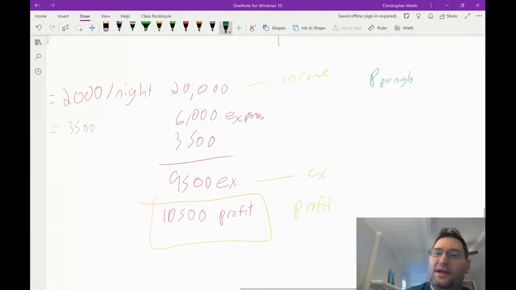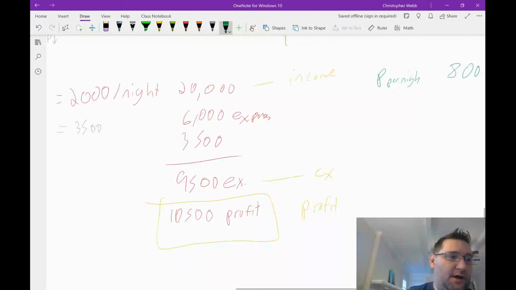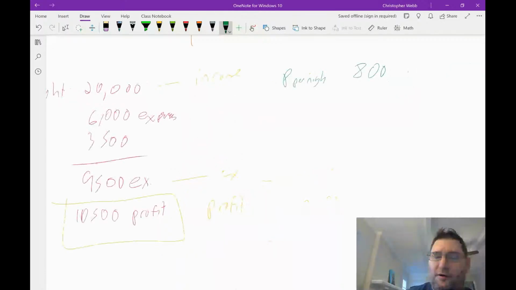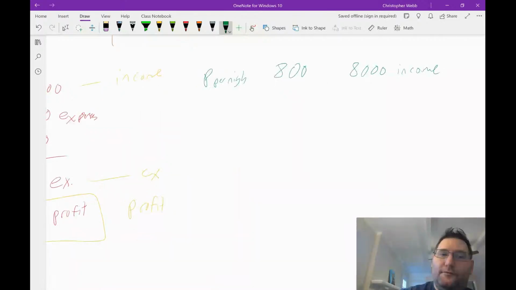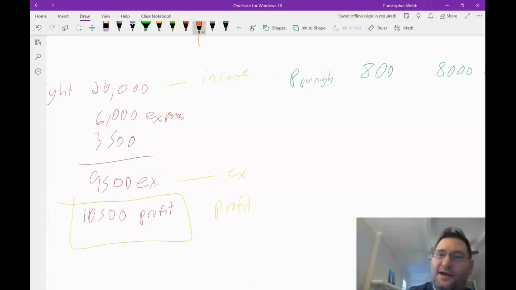Let me do my math real quick. So that's $8,000, right? 8,000 in income. Our expenses are at least going to be 3,500, and then 30% of 8,000 is 2,400. Is that right?